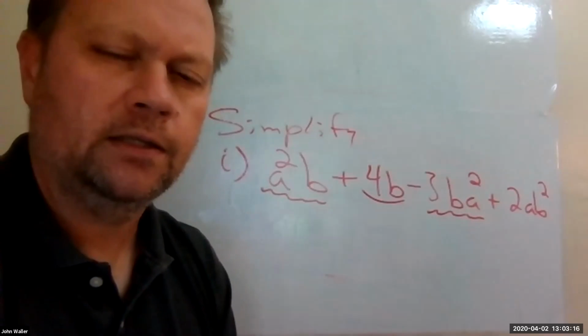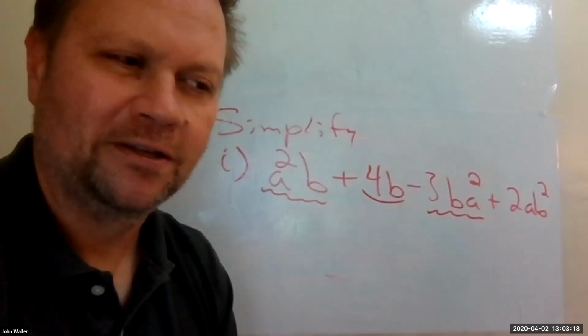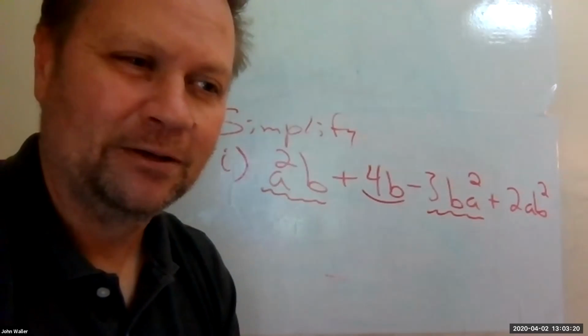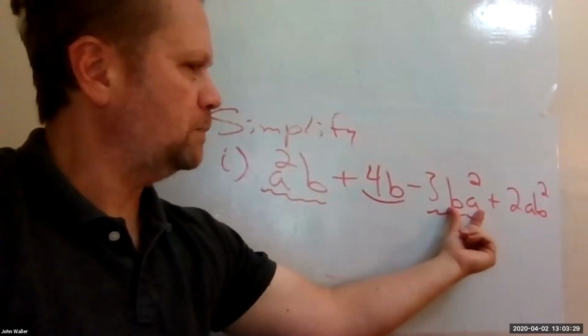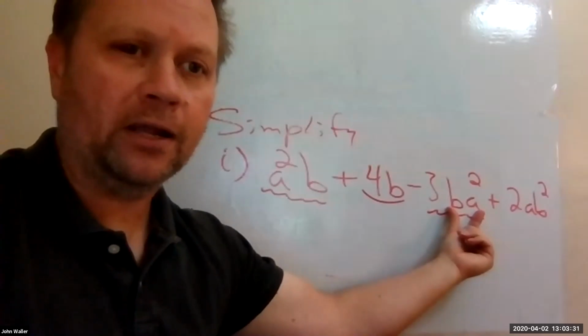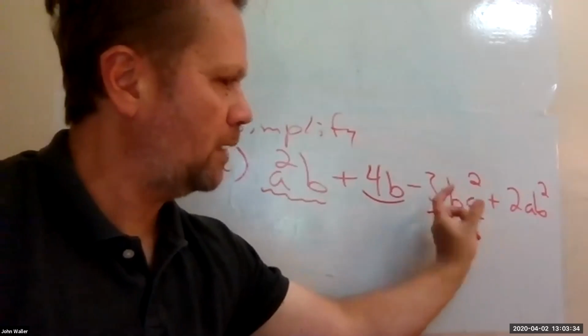What's 7 times 8? 56. And what's 8 times 7? 56. Okay, so just because I put these out of alphabetical order doesn't mean they couldn't be turned back around.